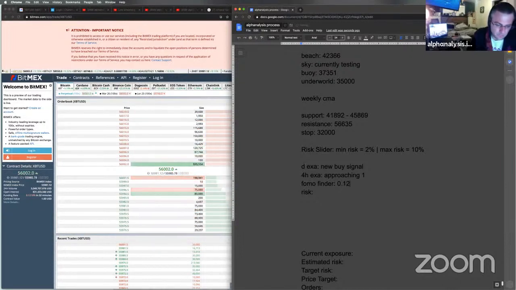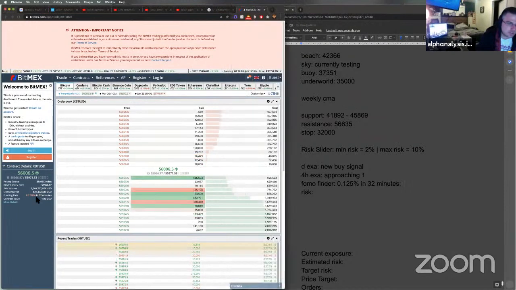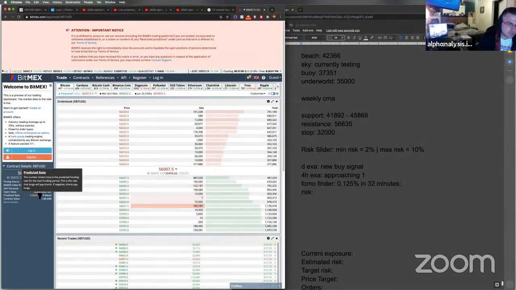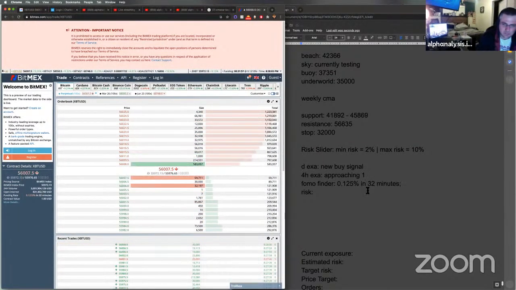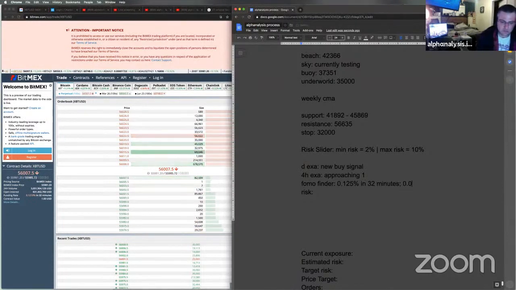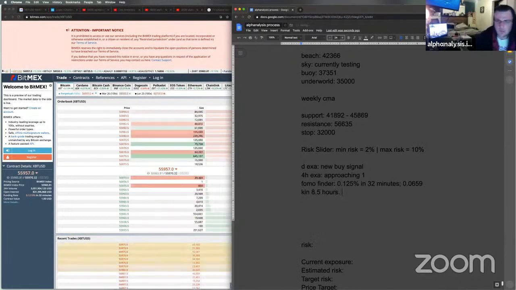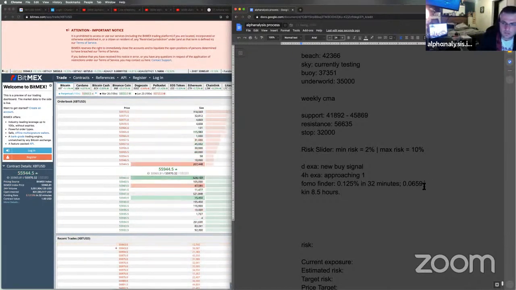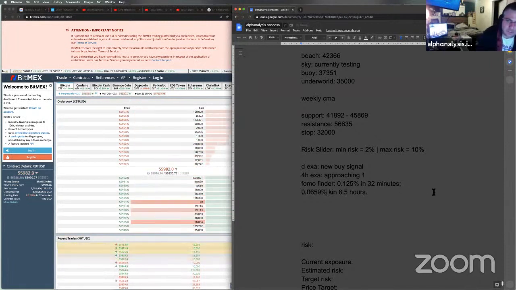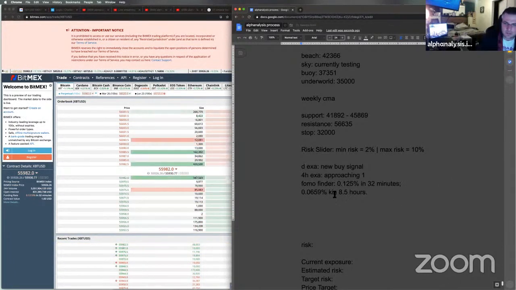The interesting thing, this is what we've been seeing for a couple of days now, is it dropping down to a normal range, 0.0659. That's still not normalized, but that's not extreme, and it's heading down.